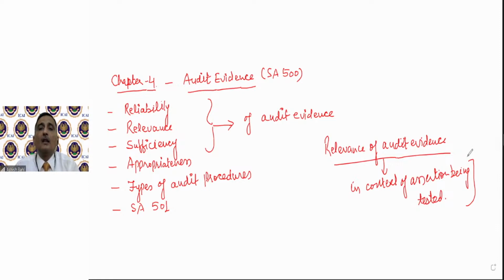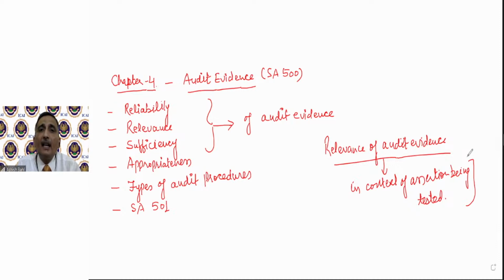Okay, so the relevance of audit evidence has to be understood in that context: the audit procedure by which the auditor is trying to obtain audit evidence, that procedure and in effect the evidence so obtained, is relevant.